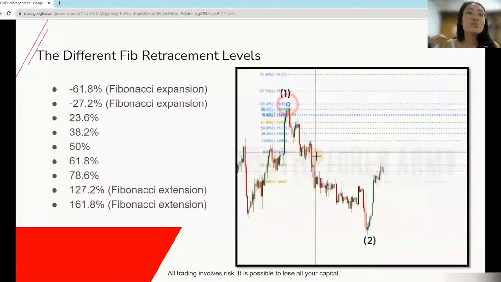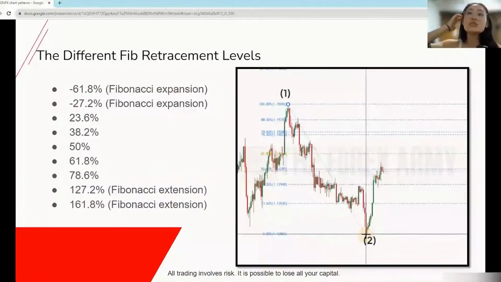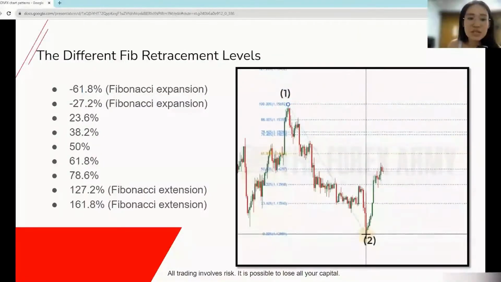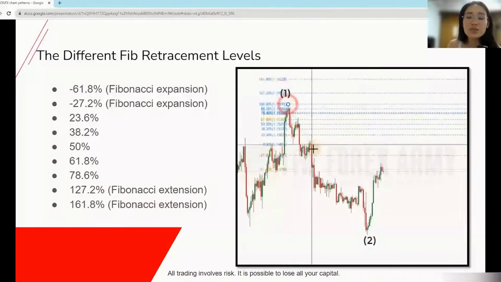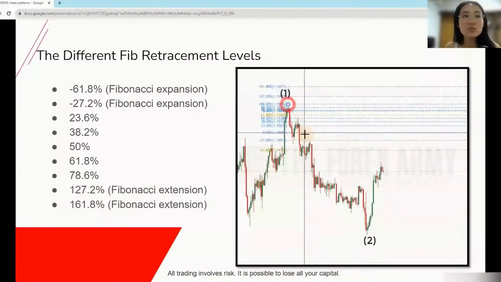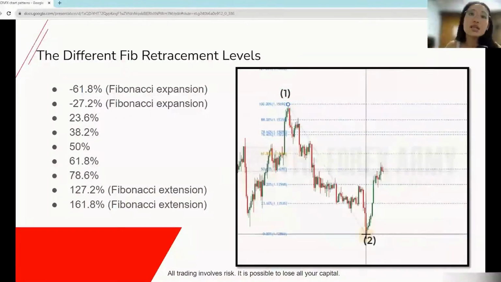Okay, so we have the different Fibonacci levels here, and if you've been with us for our previous Fibonacci series, we go through in depth the Fibonacci retracement, expansion and extension, as well as projection levels. But for now, I'm just going to briefly go through the retracement levels.